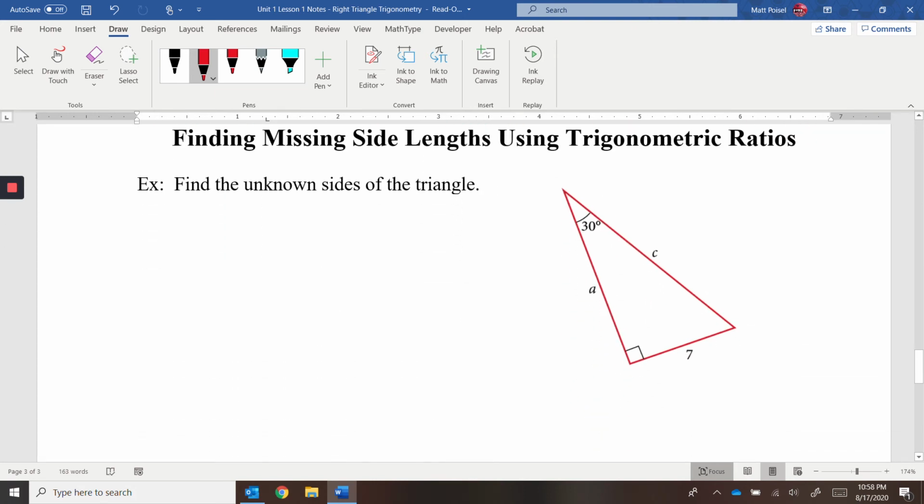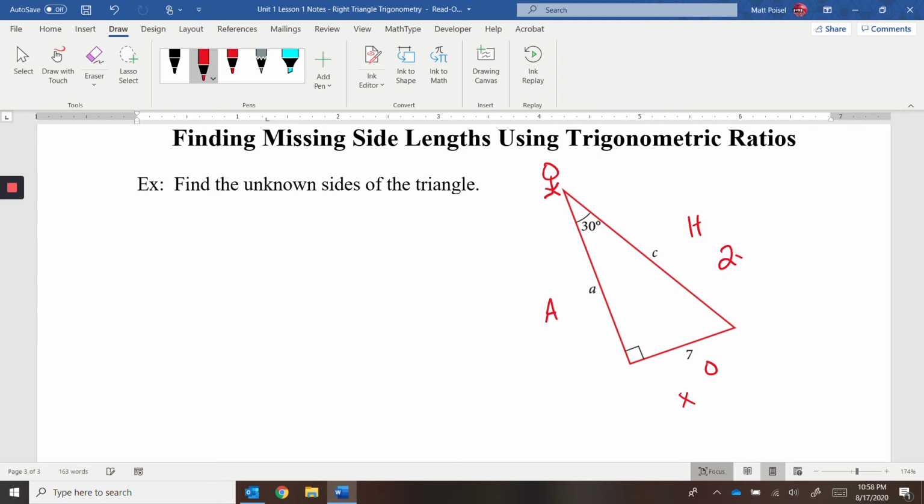All right, so down here we have a triangle, and we're trying to find the missing sides. So let's just go ahead and stand right here at the 30 degree. That's going to make the C value, there's our hypotenuse. This is opposite, this is adjacent. Now remember, we talked that the short side, which is across from the 30, is always x.